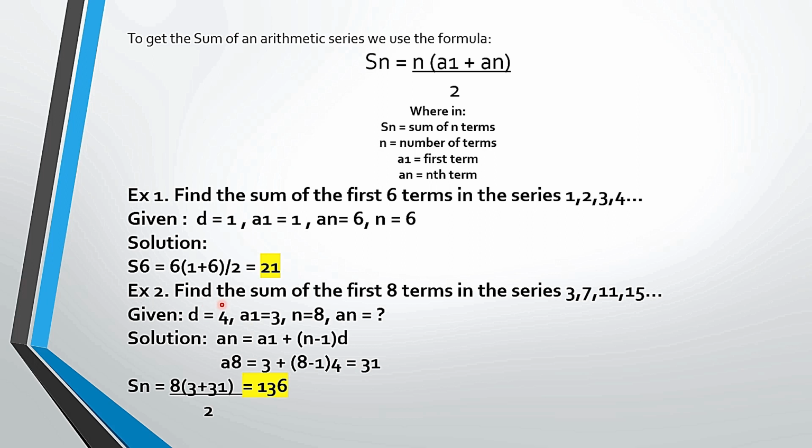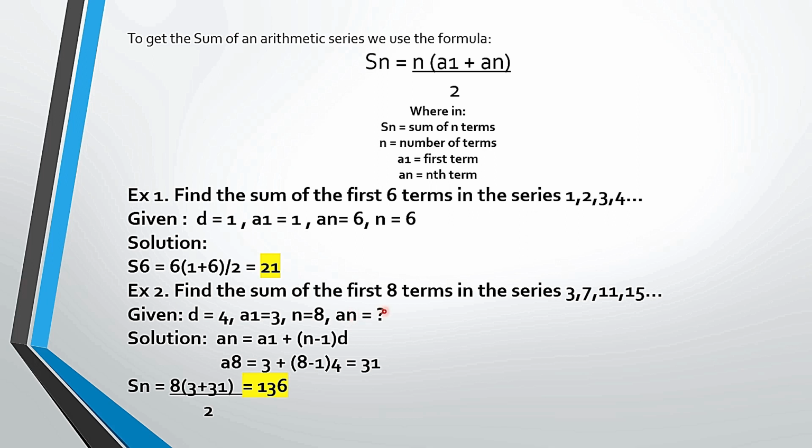Number 2. Find the sum of the first 8 terms in the series 3, 7, 11, and 15. Given, the common difference is 4. 7 minus 3 is 4, 11 minus 7 is 4, and it is constant all throughout. The first term is 3, and the number of terms is 8. We do not know what is the nth term.